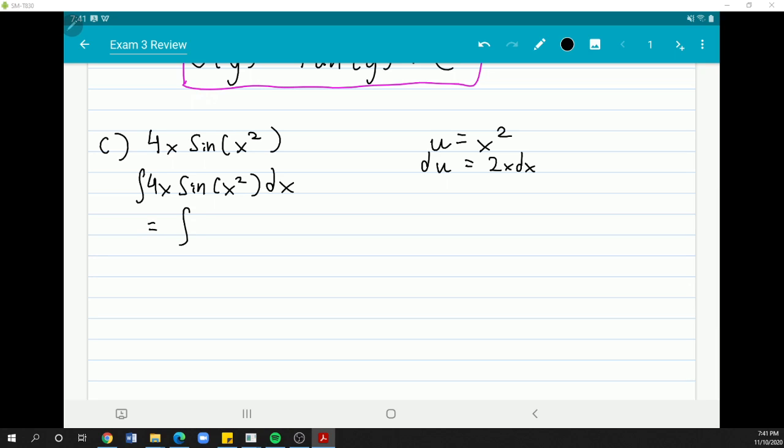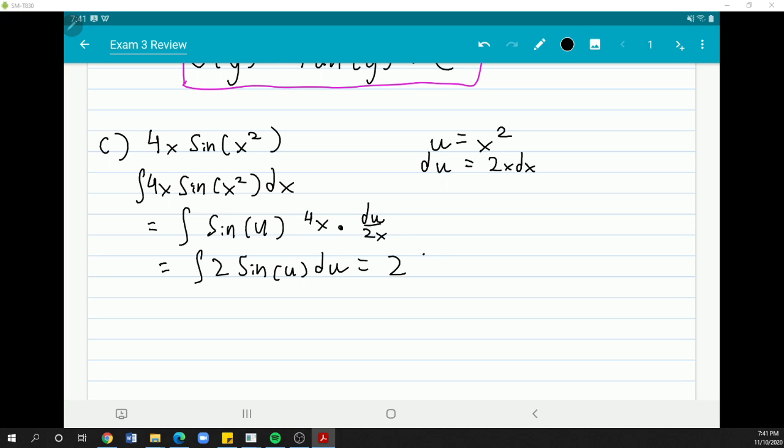So I get integral, now I just have sine of u times 4x. And then dx I can write as du divided by 2x. That's not mathematically precise, but it'll serve well enough here. And so we're going to get integral 2 sine of u du.